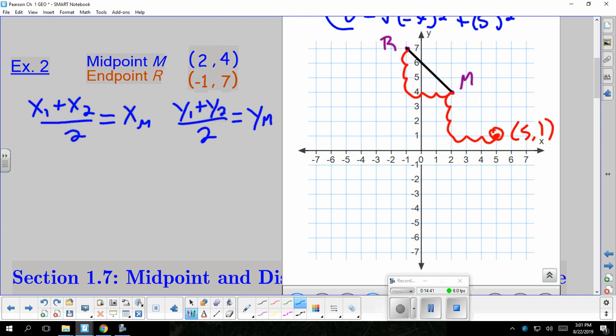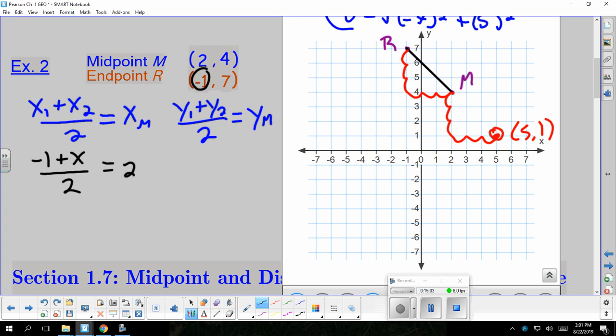By simply plugging these in and solving for our one unknown variable, we can find that other endpoint. So I have my midpoint for the x, so I'm going to plug that in here. And then I have the endpoint for the x, so I'm going to plug that in here. And all I need to do is solve that to find the x-coordinate.